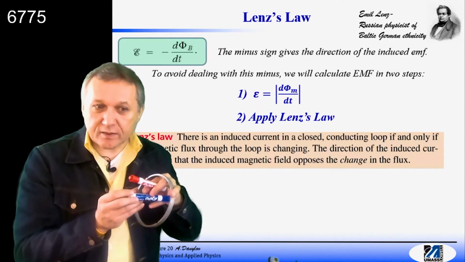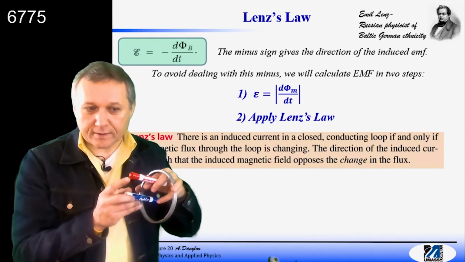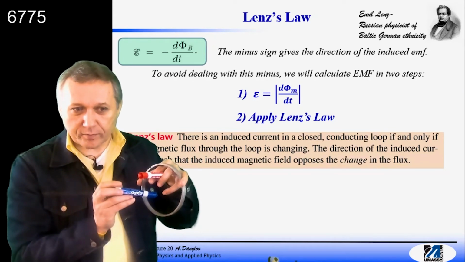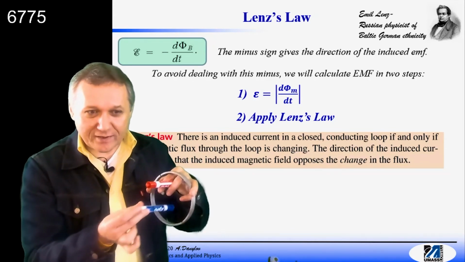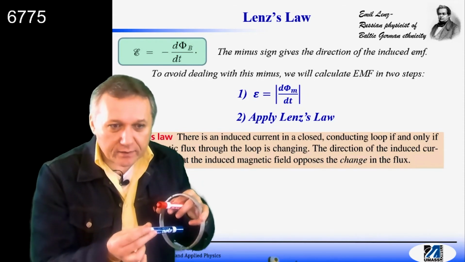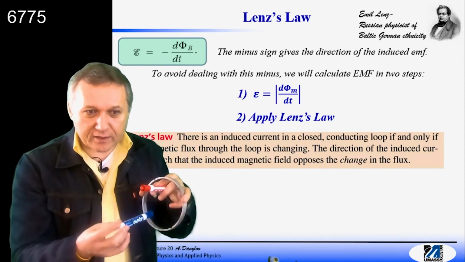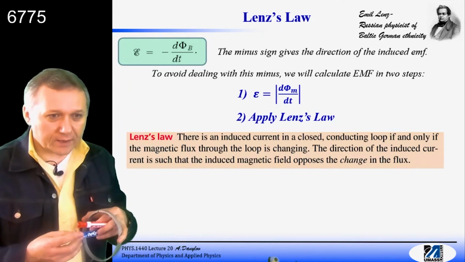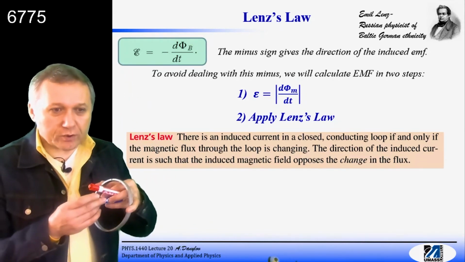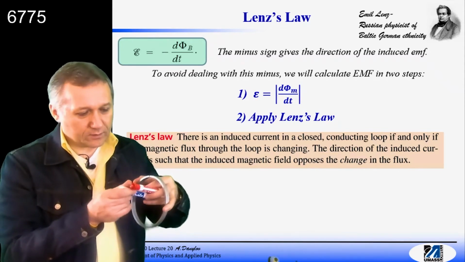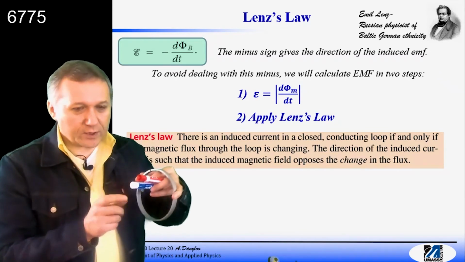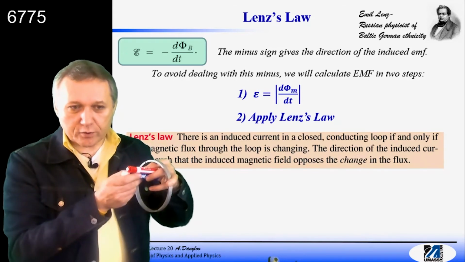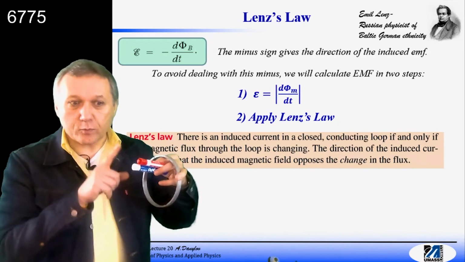Because you remember the system wants to suppress the growing flux. If this flux is positive, for example, the flux produced by the external magnetic field, then the flux produced by the induced magnetic field will be negative. So positive flux, negative flux, of course, there will be some suppression of the flux, right? So the induced magnetic field must be in the opposite direction to the direction of the external magnetic field within the loop.